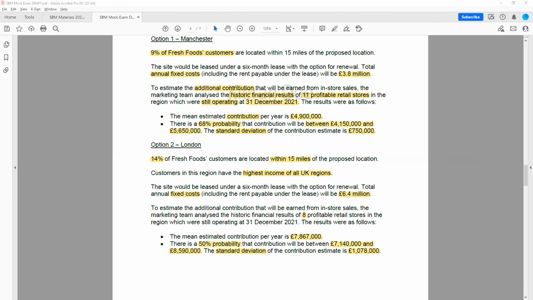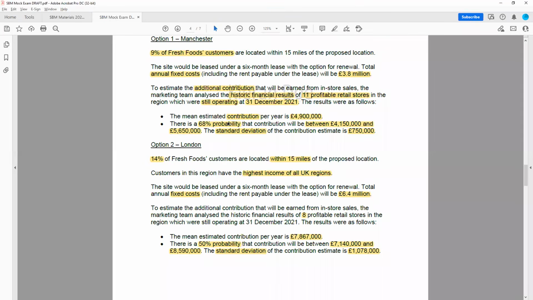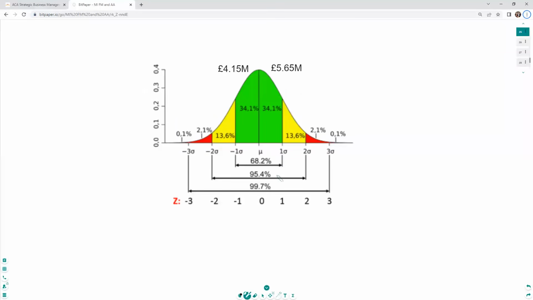Now, this is useful because this then means we can calculate the probability of a certain outcome. So what we could say, first of all, is Manchester data follows normal distribution as 68% of values are between one standard deviation below the mean and one standard deviation above the mean. So that's why they've given us this information here in the question. So we have that there.